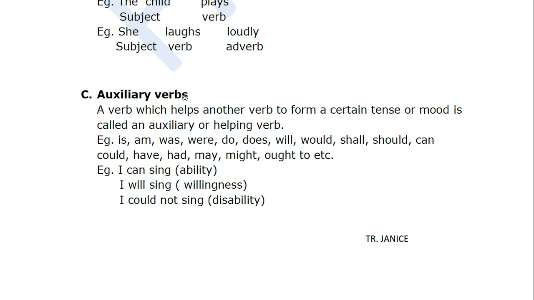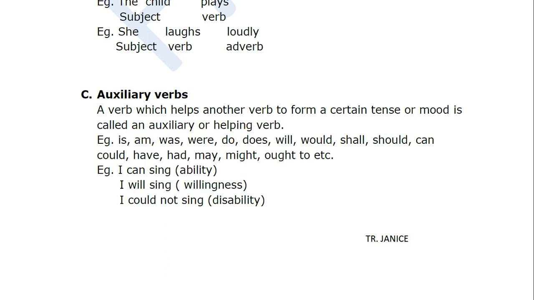I told you it's a helping word, it adds more meaning to the action, whether it's being done, it can be done, it should not be done, it should be done, or it will not be done. So all this gives you more meaning for an action. Whether you can do, you cannot do, you will not do, you should not do.